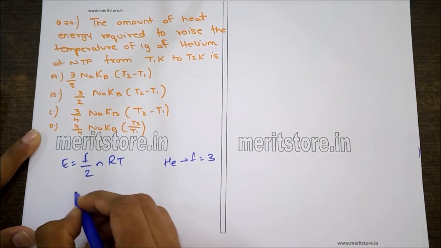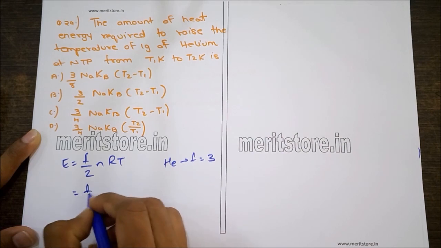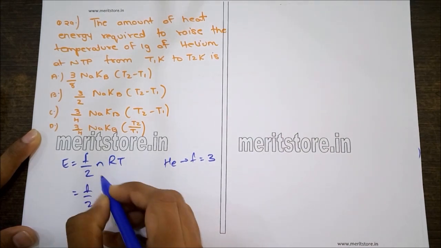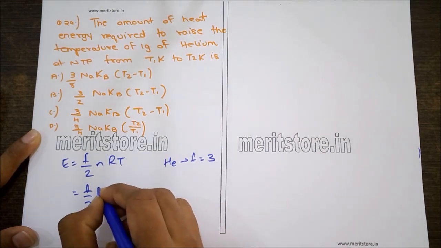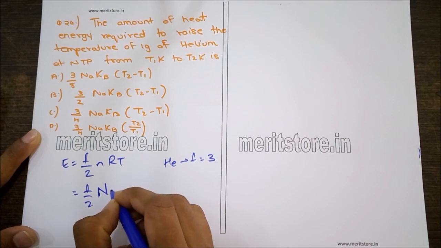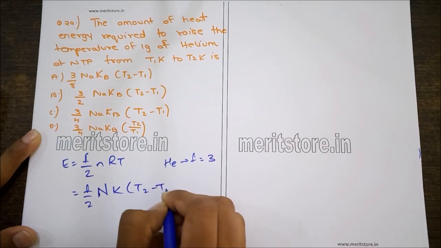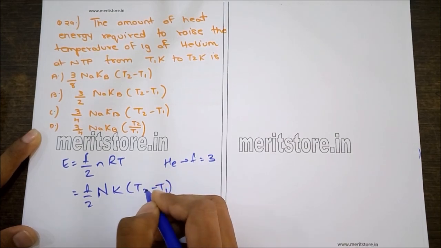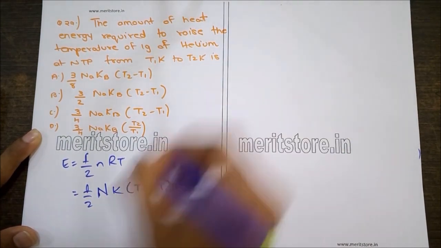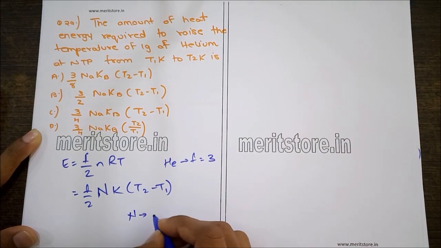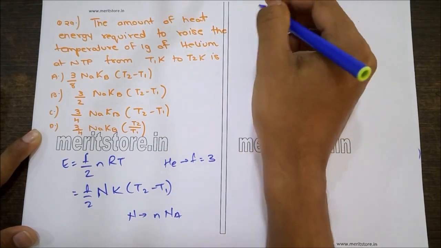N and R can be written as the number of molecules N times the Boltzmann's constant and T2 minus T1. So this is the total energy that is required to be raised. Where N is nothing but number of moles into Avogadro's number, and Kb is the Boltzmann's constant.